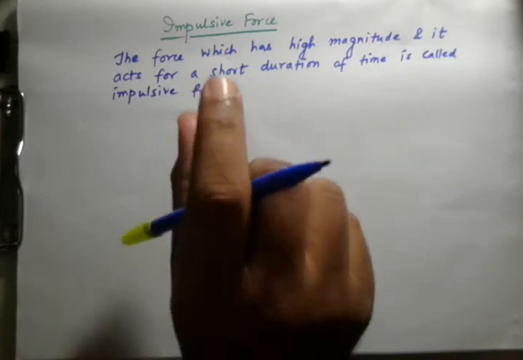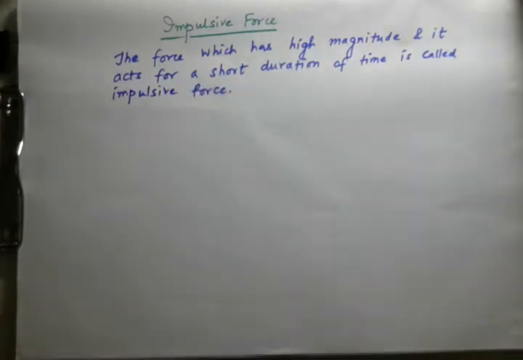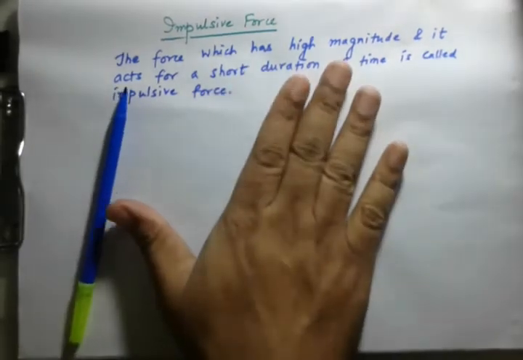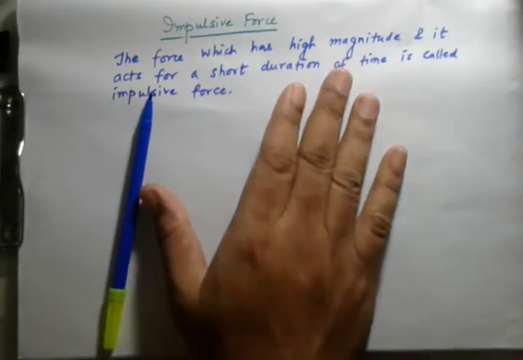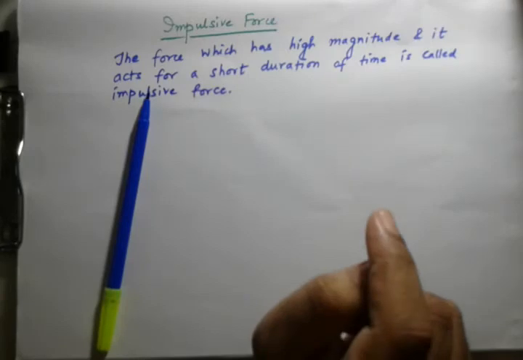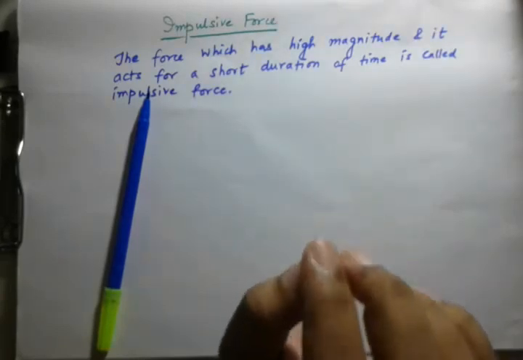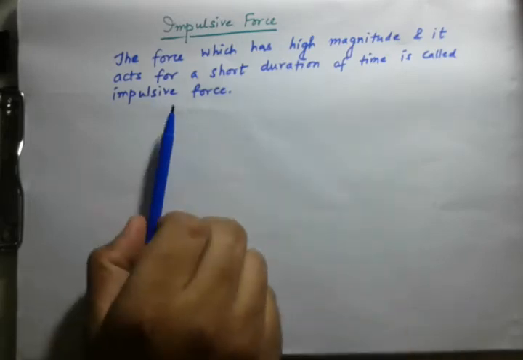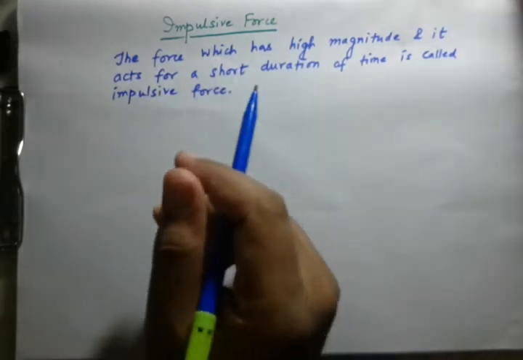An example is that suppose I take a hammer and a nail. If I want to hit the nail with the hammer and I just press a little bit, this will not have any effect. But what you have to do is hit the nail with the hammer. That means you have to apply the force for a very short interval of time. So that is known as the impulsive force, or in short form it is called impulse.